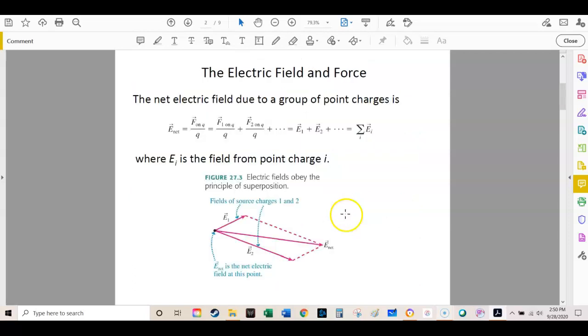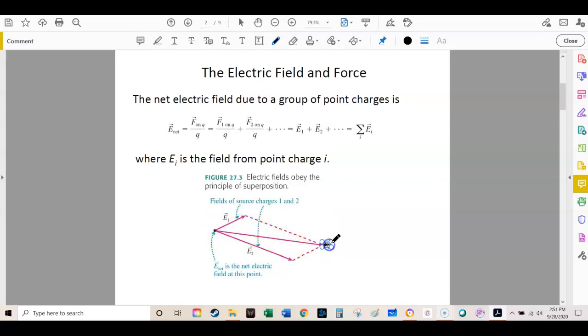So, for example, suppose you have a point charge, let's say Q1, creating an electric field in all directions. Actually, hold on, I'm sorry. This would be where the electric field is.